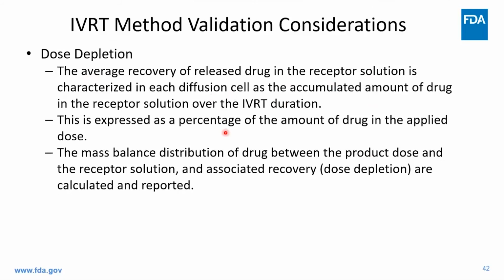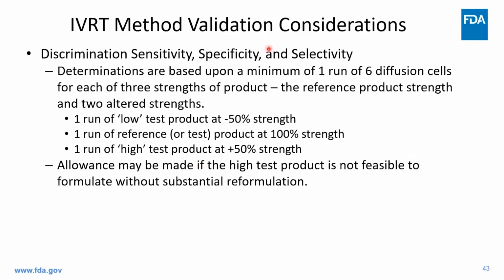You express that as a percentage of the amount of drug that was applied on the membrane, and that mass balance distribution of the drug between the product dose and the receptor solution and the associated recovery, that dose depletion, are calculated and reported. This can be helpful to monitor because it can sometimes help you troubleshoot if you're having issues with your method. But by the time you get to the method validation point, this is just a reporting criterion so that FDA can assess some of the aspects here.